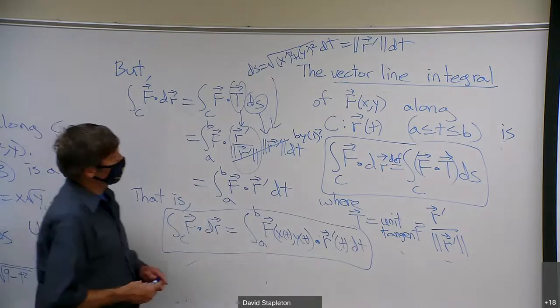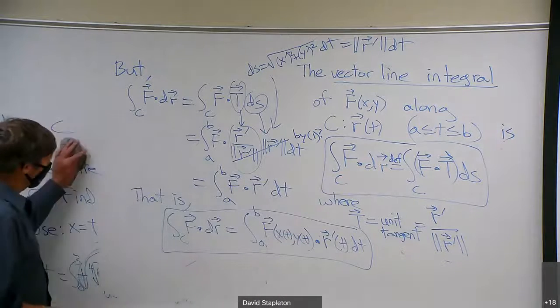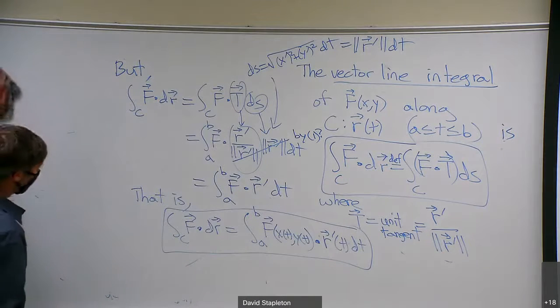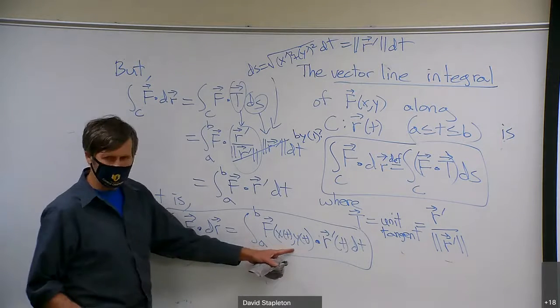So define a vector line integral this way, evaluate it this way. Look, that nasty square root is gone.